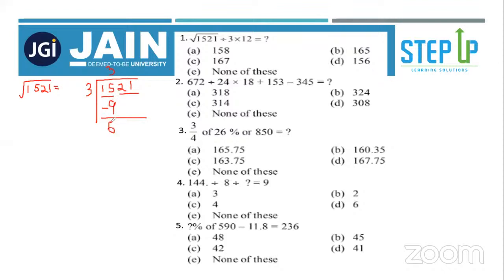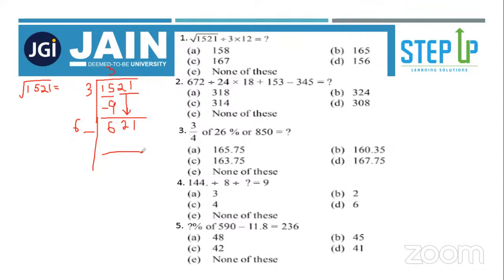Now I'm bringing this down, 21. 2 numbers together you have to bring down. So this is 621. Now 3 plus 3, 6. What should you write over here so that when you multiply, you get the same number, 621?